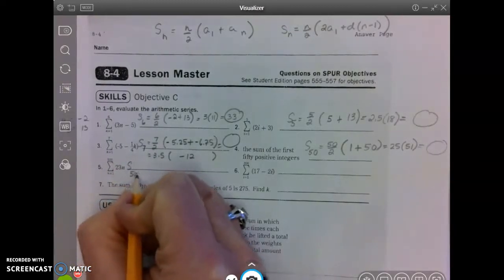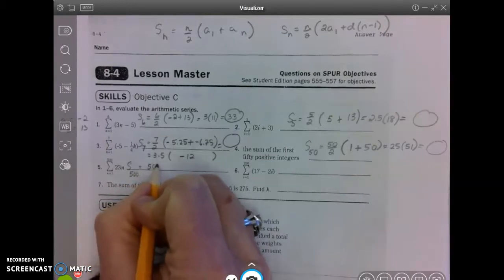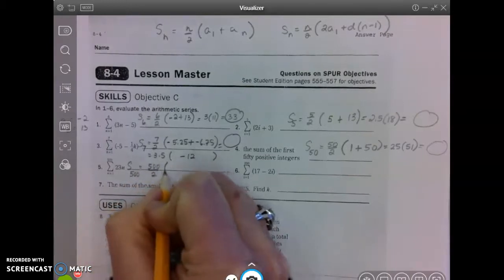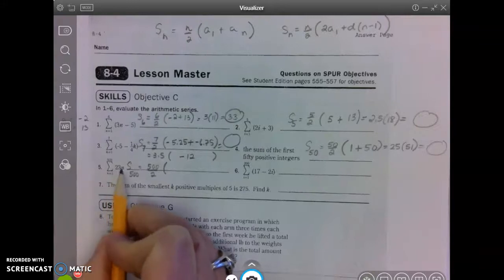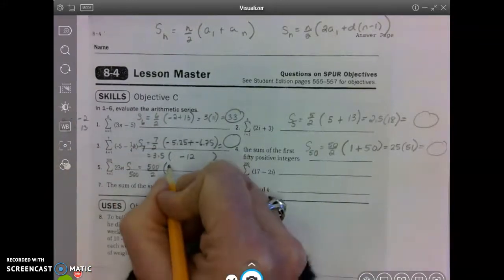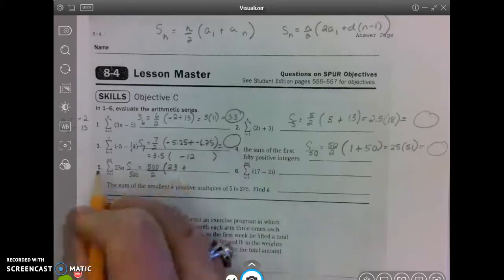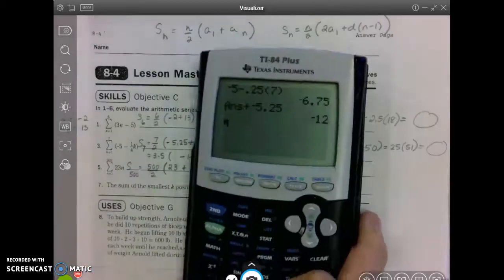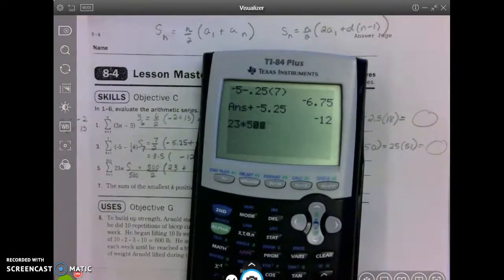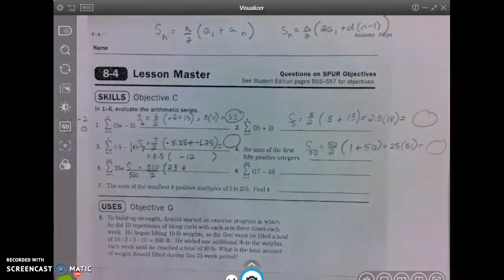So s sub 500 is 500 divided by 2. The first term would be 23 times 1, which is 23. The 500th term would be 23 times 500, which is 11,500.